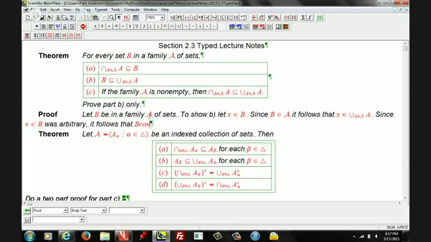My conclusion, right? A little two-line proof. Not long at all.